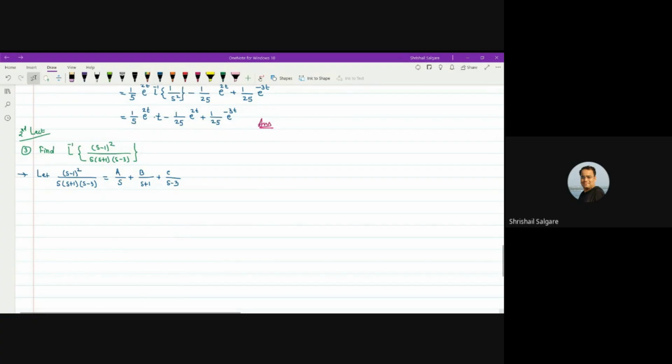Take some time and try to complete it. Try to find the constants.